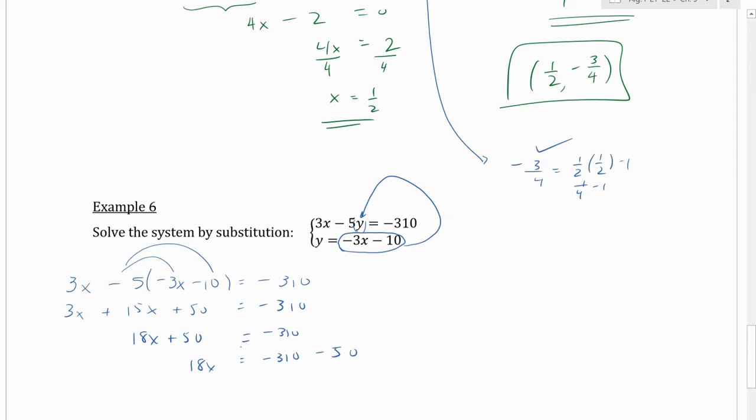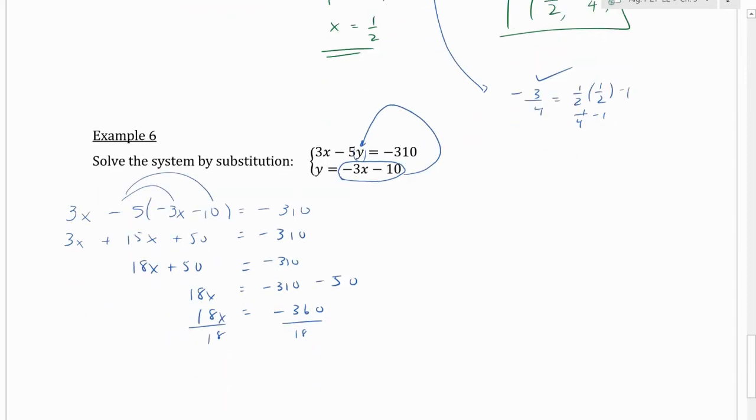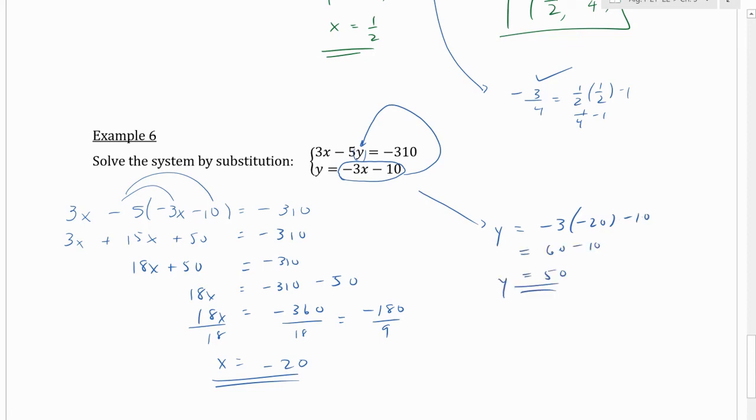And the numbers over here. Divide both sides by 18. Let's see, that'd be negative 180 over 9. That's what, negative 20? And then my y is negative 3 times my x minus 10. So my y is 50.